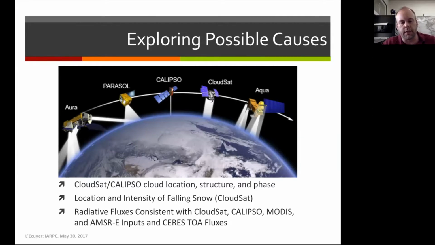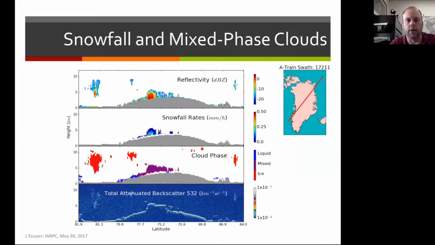And so for this study, we're using the CloudSat and Calypso observations of cloud location, structure, and phase, also some estimates of falling snow from CloudSat, and some radiative fluxes that are consistent with all of those cloud products that we have, and also consistent with CERES top of the atmosphere fluxes, which we use as an independent evaluation.